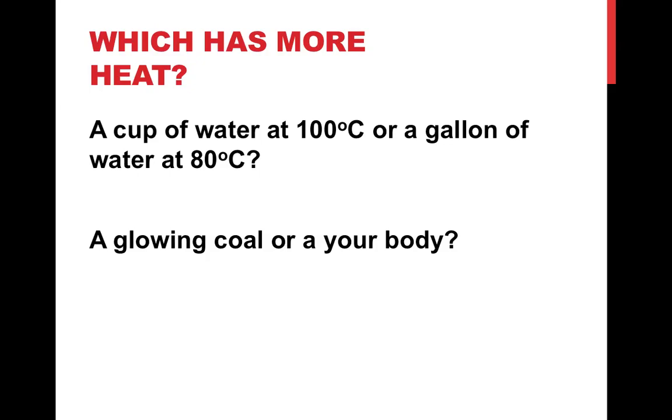So, for example, if a cup of water is at 100 degrees C, or if you have an entire gallon of water at 80 degrees C, which has more heat? And so, even though the cup of water is hotter, the gallon of water at 80 degrees C is going to have more total heat, even though the temperature is lower.